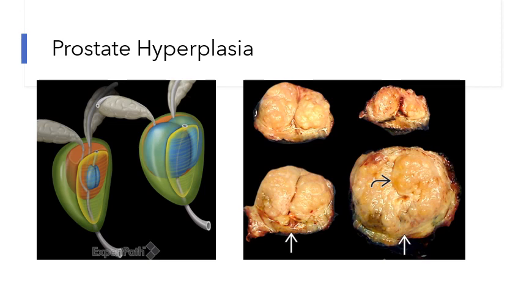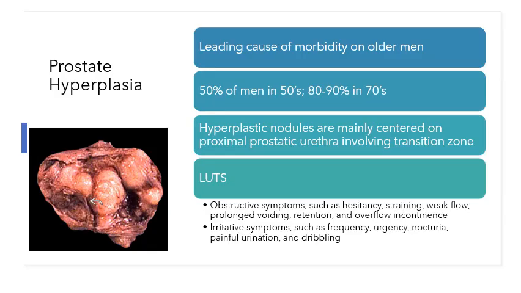And on the bottom right image there, the curved blue arrow marks the compressed urethra, compressed by these nodules of hyperplastic prostatic tissue. So nodular hyperplasia of the prostate is a very important cause of morbidity in older individuals. That's extremely common.